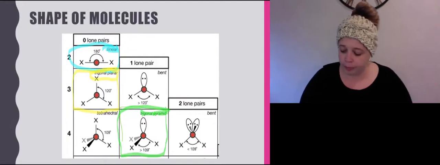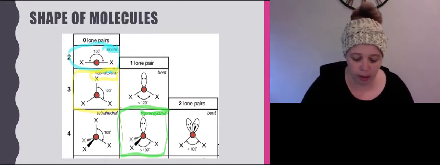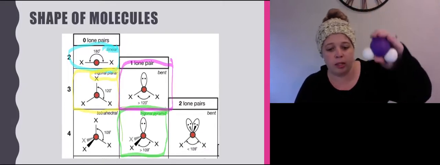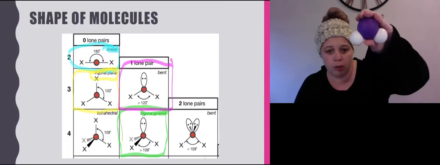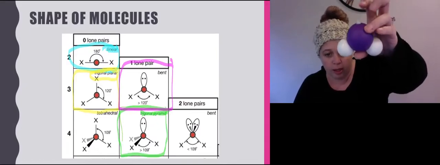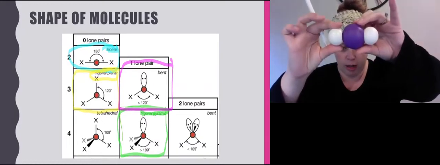So we have 3, 1. So I'm going to go here. We're going to talk about why this one is bent. So this is a molecule here. This is what it looks like, but it has a lone pair up the top here. So this is something that could form 3 bonds, but normally it would be straight. It would be linear if you had 2 atoms.